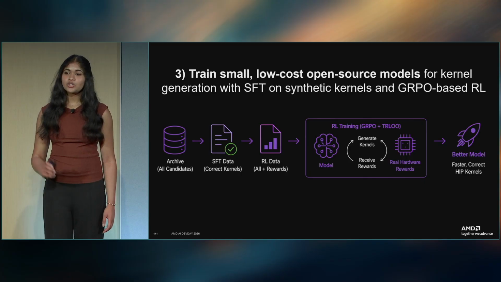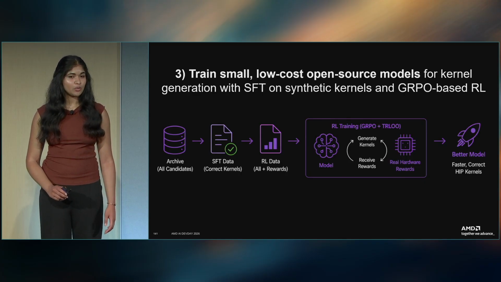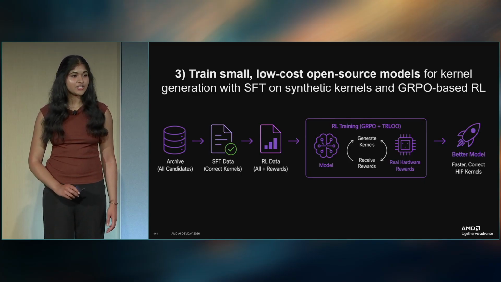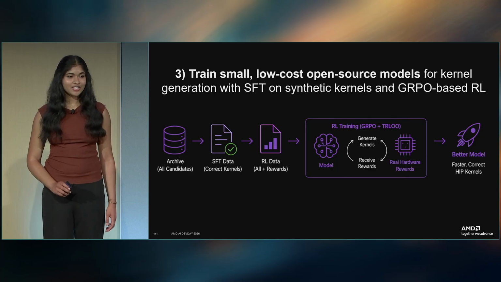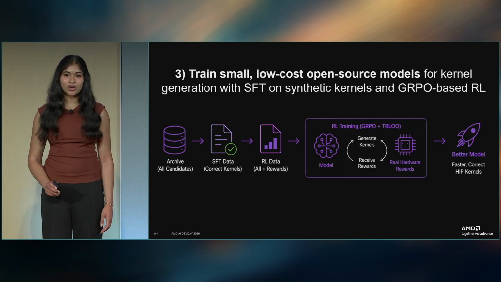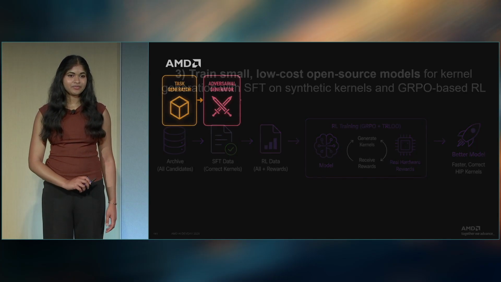And third, we train small, low-cost open-source models for kernel generation, with first, supervised fine-tuning on all of our synthetic kernels, and second, a GRPO-based reinforcement learning approach. For our study, we specifically focus on the Qwen Coder 14B model.